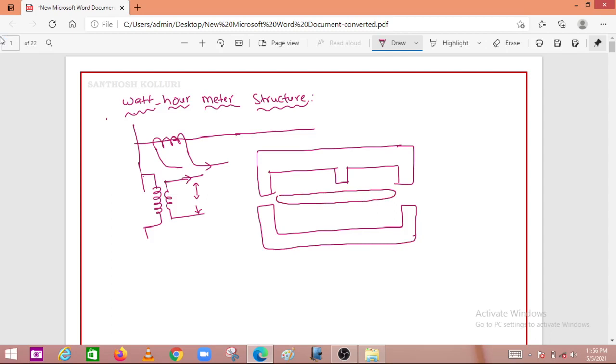A disc will be placed here, and this current coil connection is given to this. Okay, and this voltage coil I am representing here.